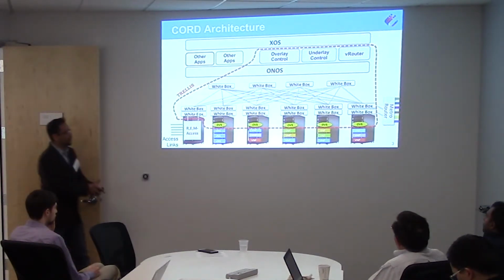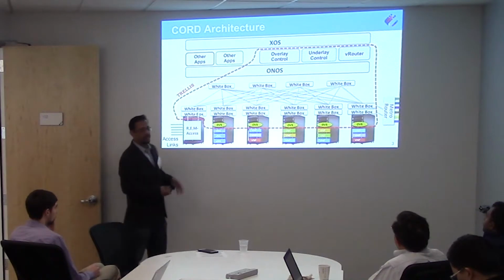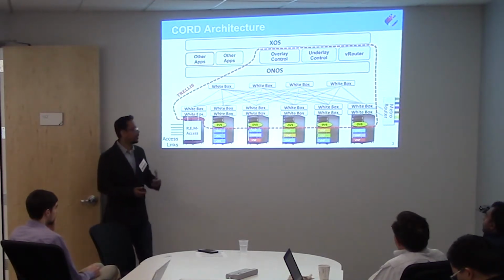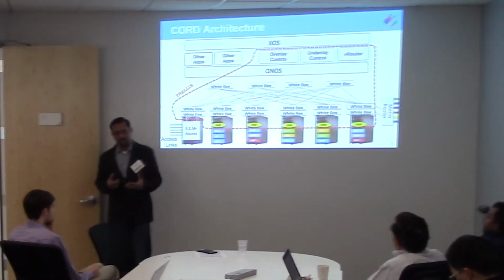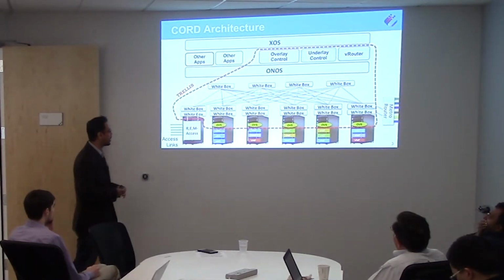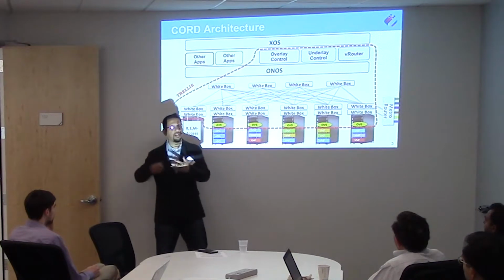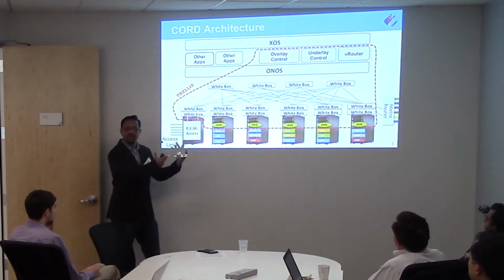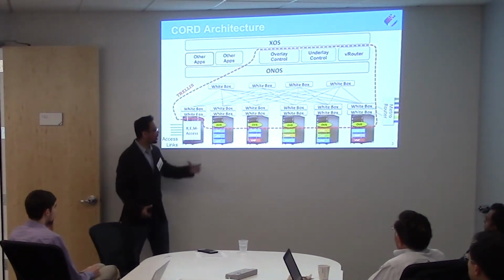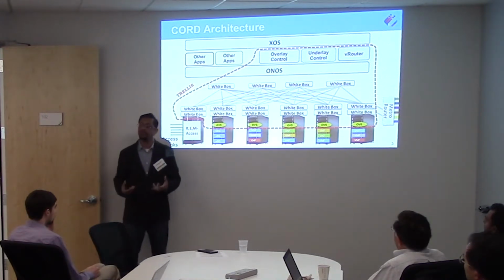So this is one way Trellis is used in CORD, but there's also another way to use Trellis. Some of the service providers that we work with don't necessarily take all of CORD. They already have, say, their own orchestrator, or they have different ideas for what they want to do in the compute nodes.